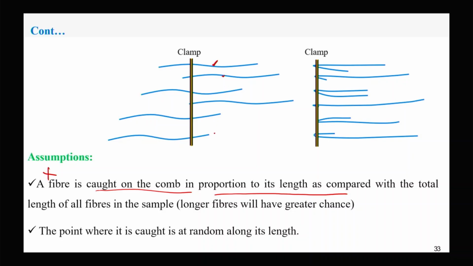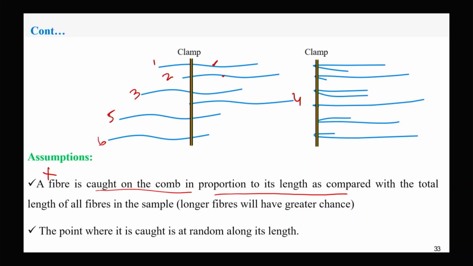Here we have 6 fibers of equal length and they have been selected. All the 6 have been selected. But as per the second condition, they are picked at different points, like fibers 1, 2, 3, 4, 5, 6.